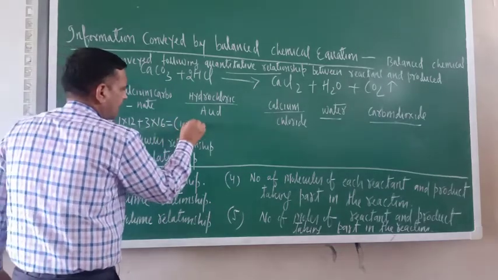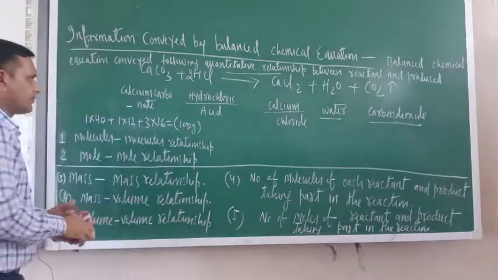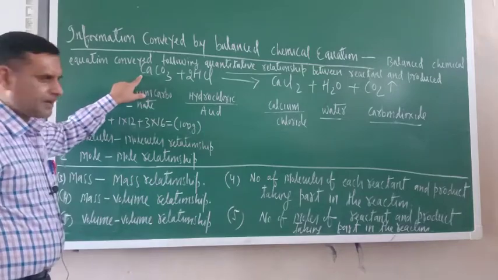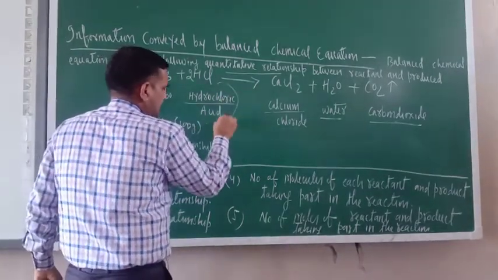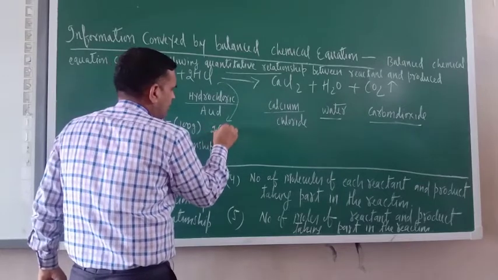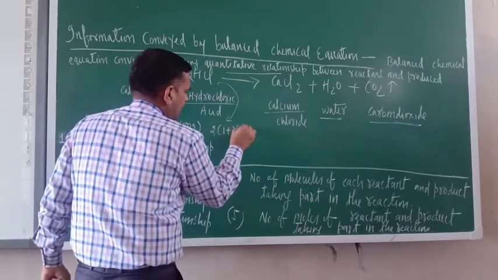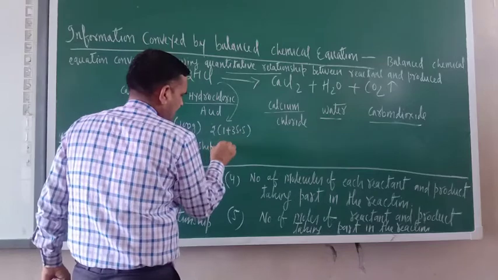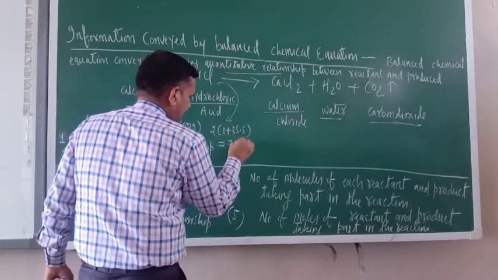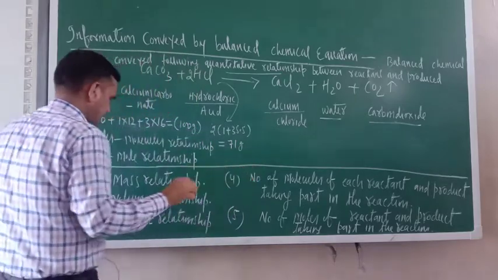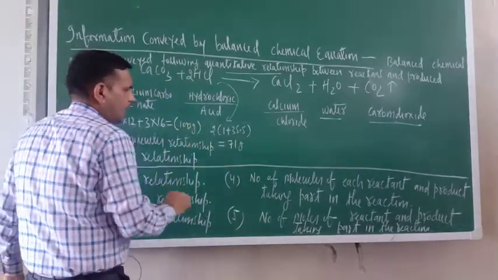That would be 100 gram. That is the mass of calcium carbonate. Here, hydrochloric acid: 2 into (1 plus chlorine 35.5), which is equal to 71 gram. Here also 100 gram.